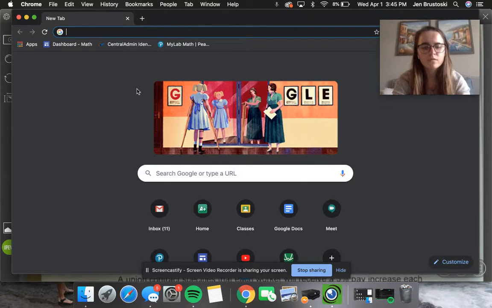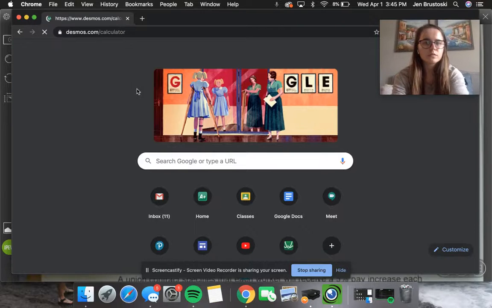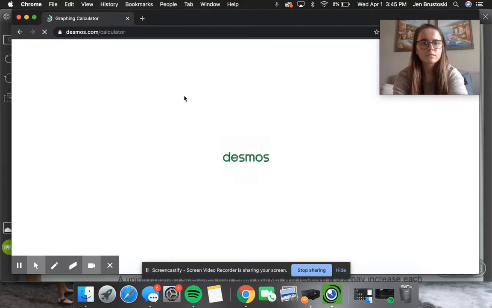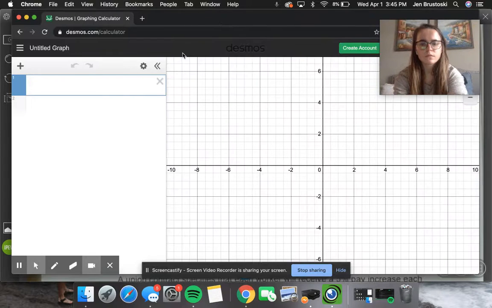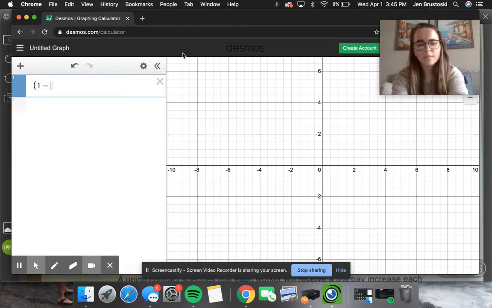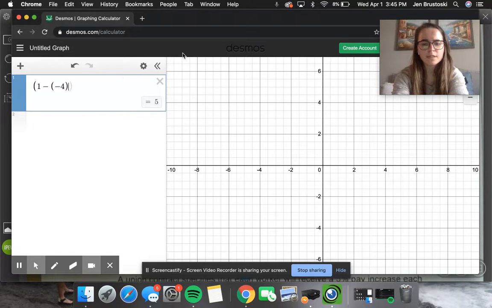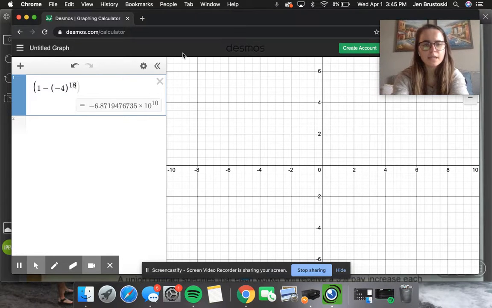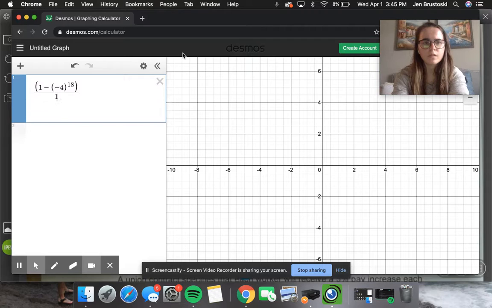So we have 1 minus -4, parentheses around that, to the 18th, all over 1 minus r.